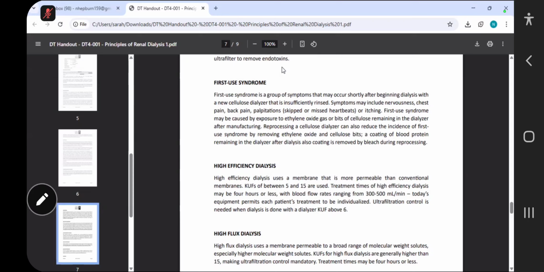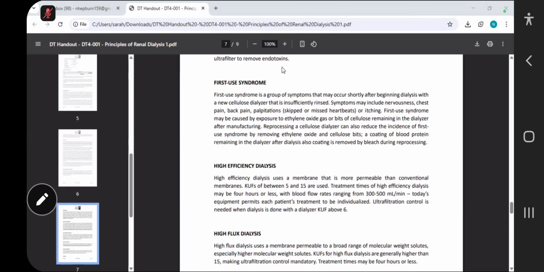Nice. First use syndrome is a group of symptoms that occur shortly after beginning dialysis with a new cellulose dialyzer that is insufficiently rinsed. Symptoms may include nervousness, chest pain, back pain, palpitation, or itching. First use syndrome may be caused by exposure to ethylene oxide gas or bits of cellulose remaining in the dialyzer after manufacturing.